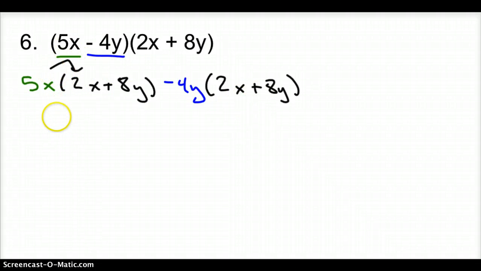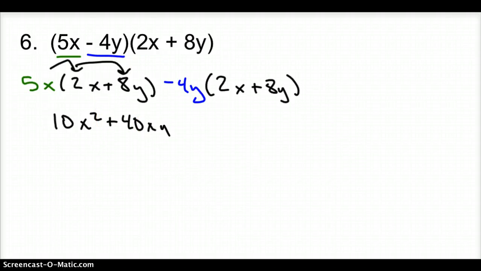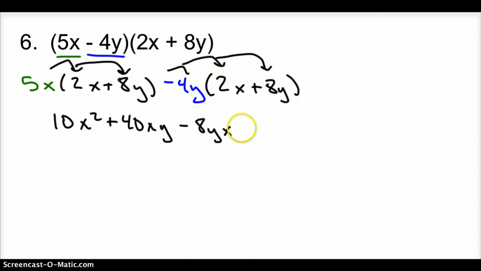And so we take that 5x times 2x to get 10x squared, that 5x times 8y to get plus 40xy. And now I'm taking this negative 4y times there to get negative 8yx. That negative 4y times here to get negative 32y squared.